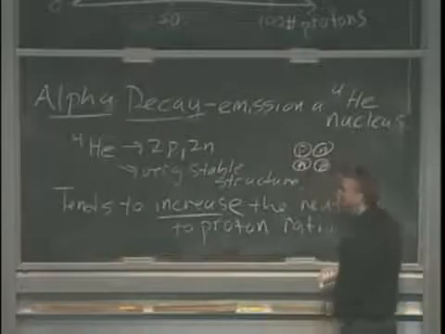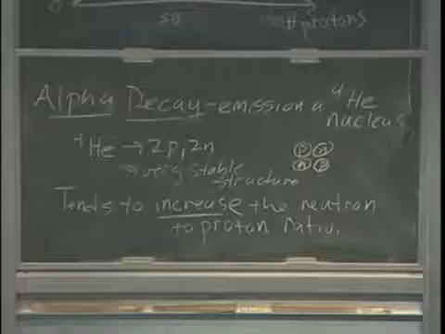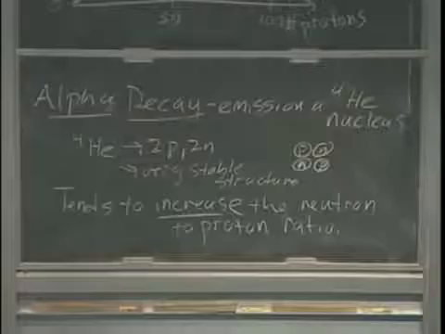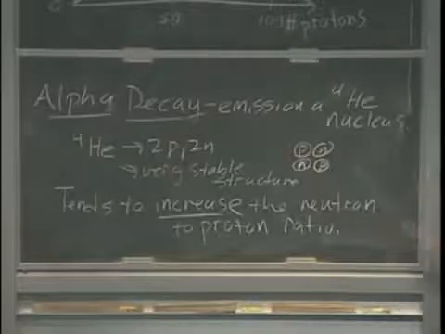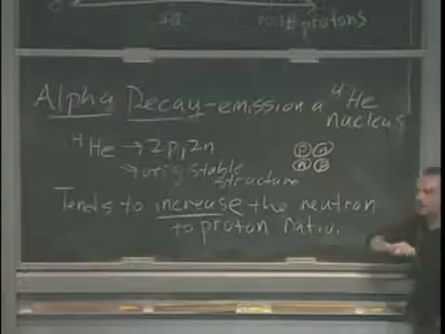This is a radioactive decay that will tend to increase the neutron to proton ratio. So if we have a nucleus that has basically too many protons in it, so the repulsive force is too strong, it'll often decay by kicking out a helium-4 nucleus, which will increase the neutron to proton ratio inside the remaining nucleus.